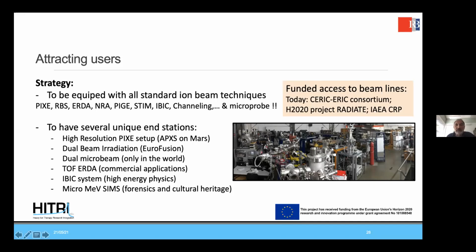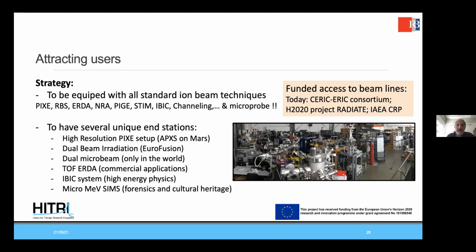One has to say also that these capabilities give us an advantage in that we can host users from abroad. So today we have 2 modes, actually 3, the Serikeri Consortium and the Horizon project Radia, that can fund access of foreign scientists to Zagreb.